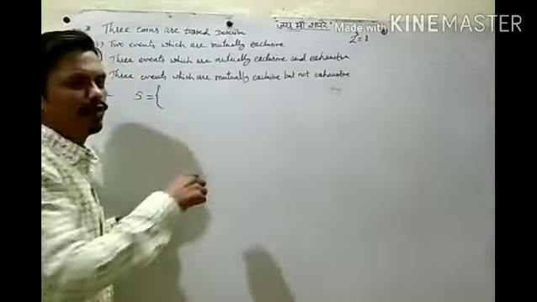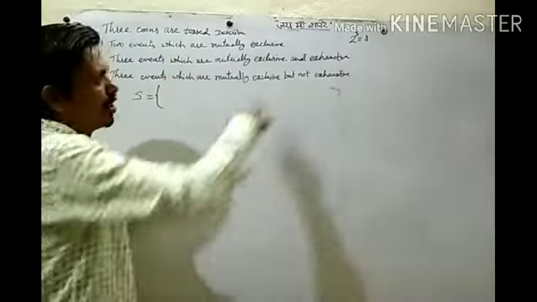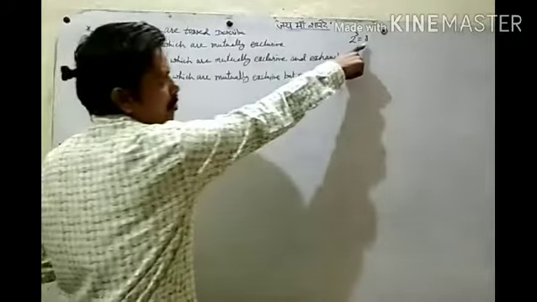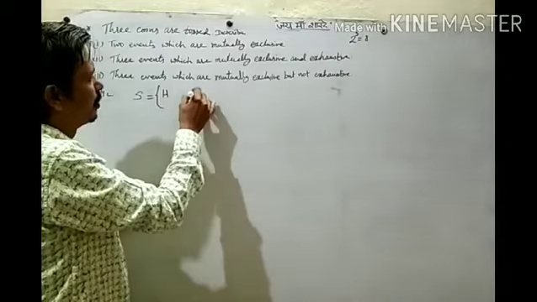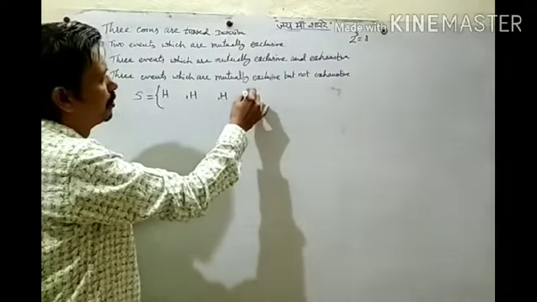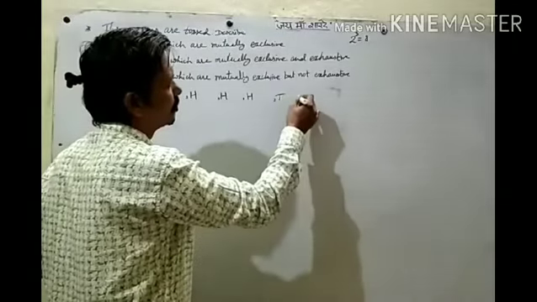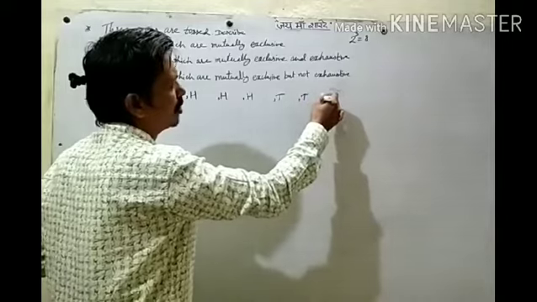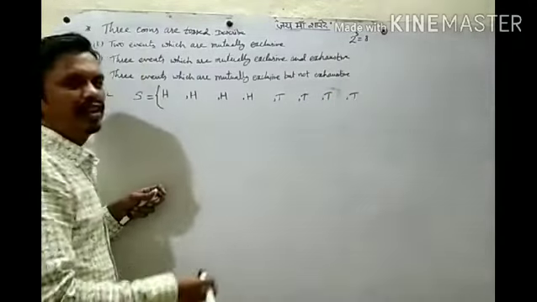Simple way: take its half. Half of total outcomes means 4. So 4 times you can write head, then 4 times write tail. Very simple way. Then take its half.